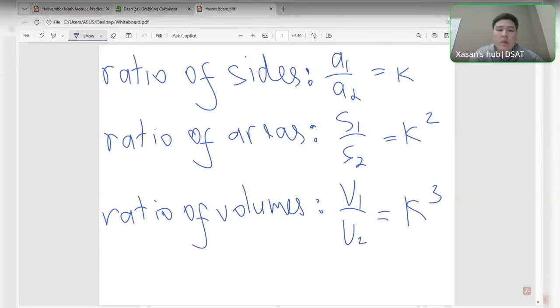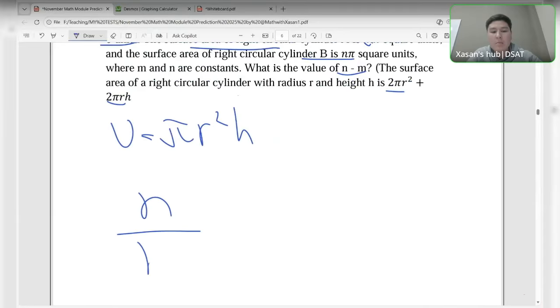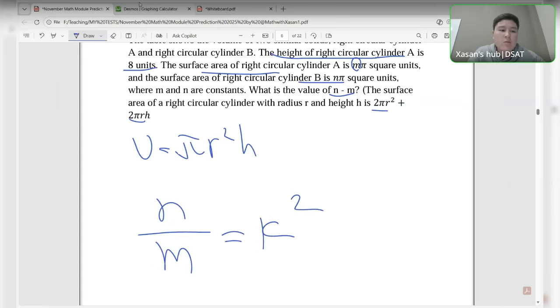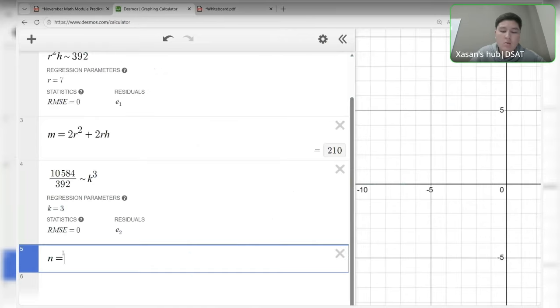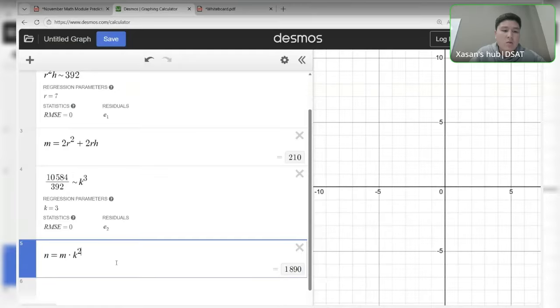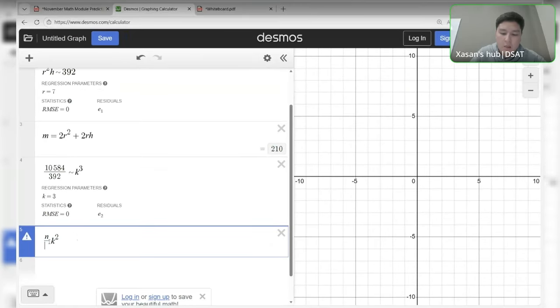And here, guys, I will be writing n divided by m must be k squared, like their surface areas. And there you go, guys. Just write everything. So n now equals m multiplied by k squared. Guys, I guess that's all clear, right? You can also write it in this way, n divided by m equals k squared.